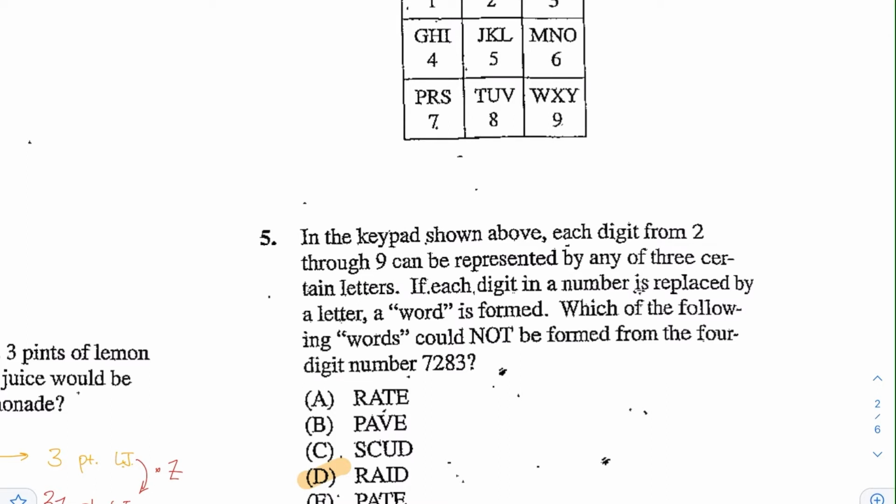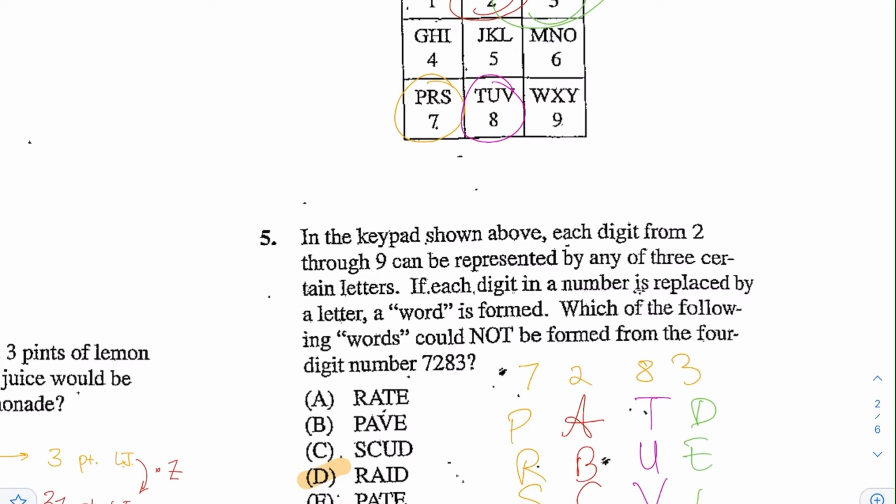So if you punch in code 7283, the 7 could be PRS. The second number is 2, which can only be ABC. The third is 8, which can only be TUV. And finally, the last number is 3, so it can only be DEF.